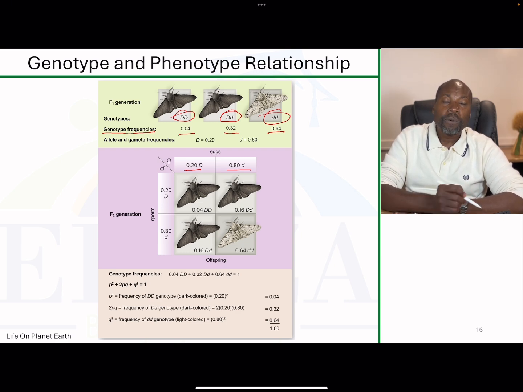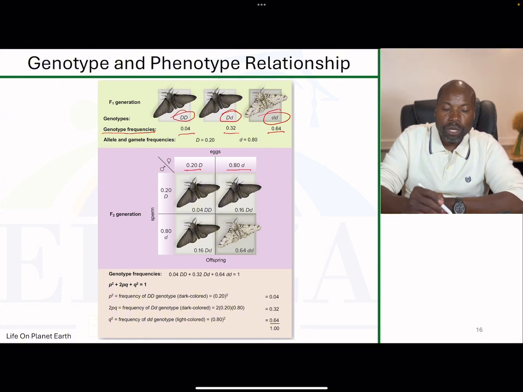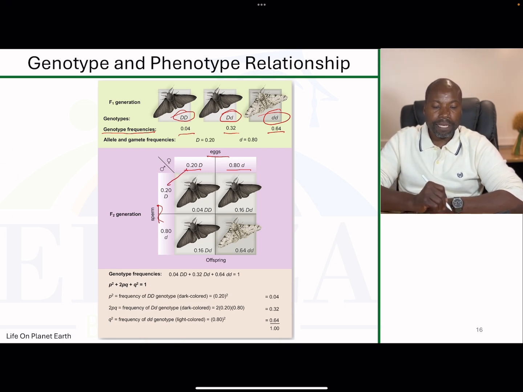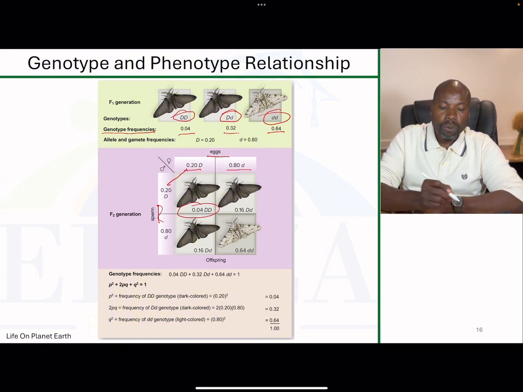Now, while crossing these two individuals, here we have the eggs and here we have the sperms. When we cross this sperm and this egg, we have this individual. When we cross this sperm and this egg, then we have this individual.